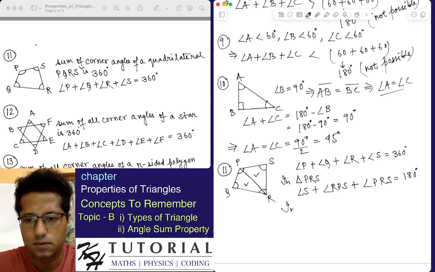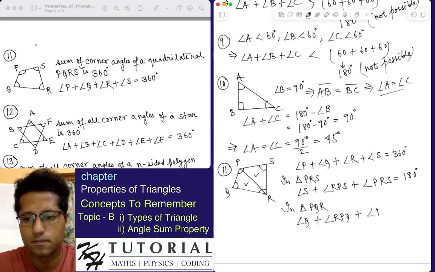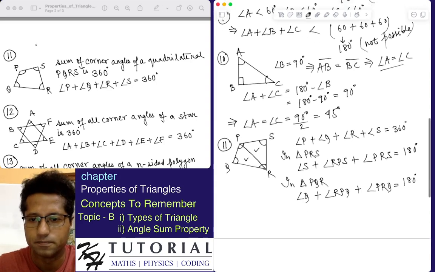And also in triangle PQR, you will get angle Q plus angle RPQ plus angle PRQ is equal to 180 degrees, because the sum of three angles in the triangle PQR will be 180 degrees.